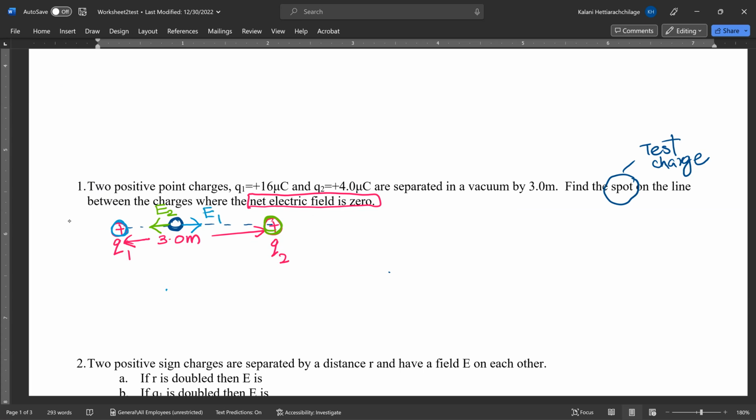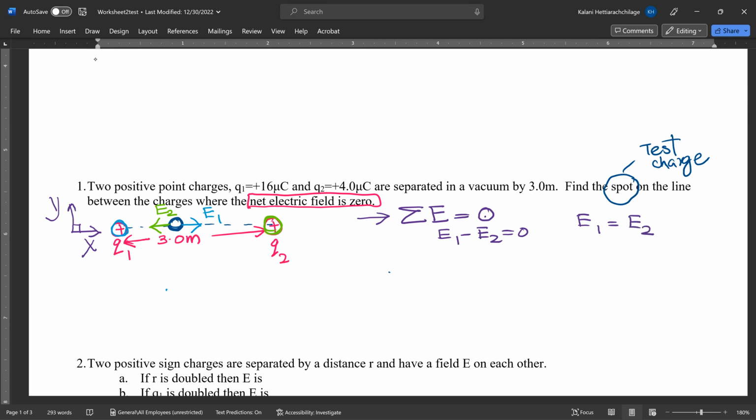So now it says that in the x direction, your electric field should be 0. Let's label your coordinate system as always, x direction and y direction. So in the x direction, the net electric field should be equal to 0 to make it stable, right? So now what we know is electric field E1 is in the positive direction, E2 is in the negative direction, and they should sum to 0. What that means is E1 equals E2, right?